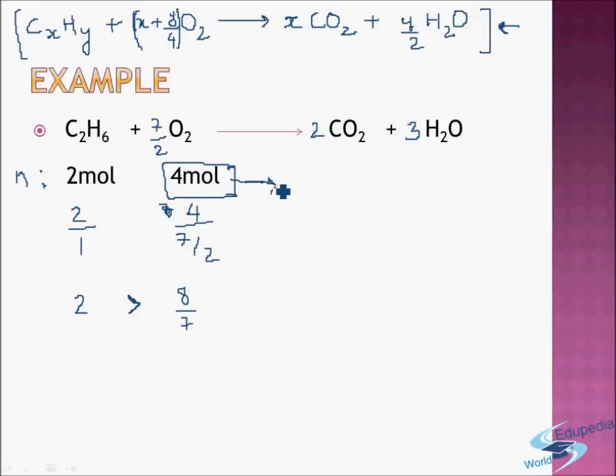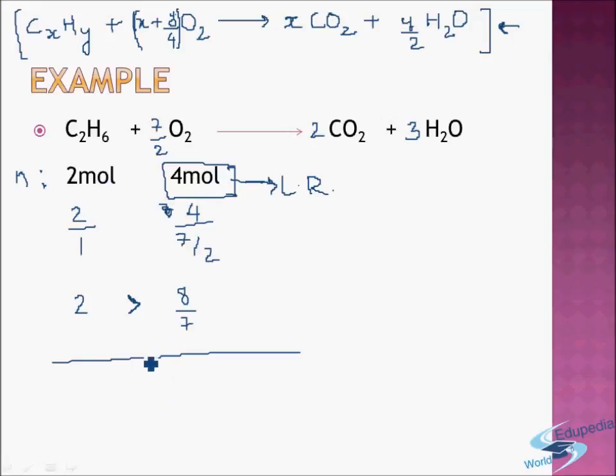Once we have determined that, we forget about the reagent in excess. Oxygen is the limiting reagent, this implies ethane is the excess reagent, so we forget about the reagent present in excess and just focus upon the limiting reagent.